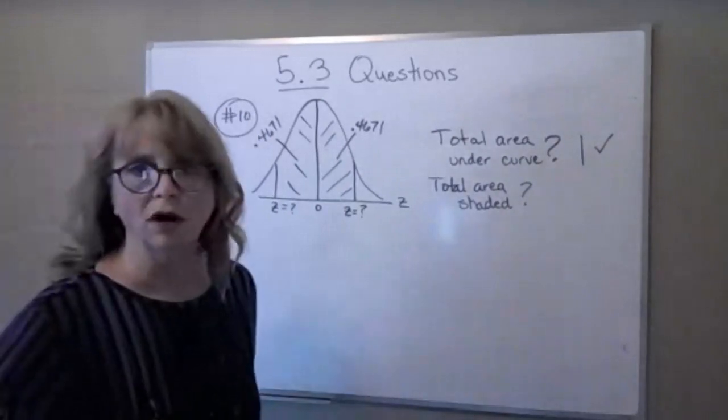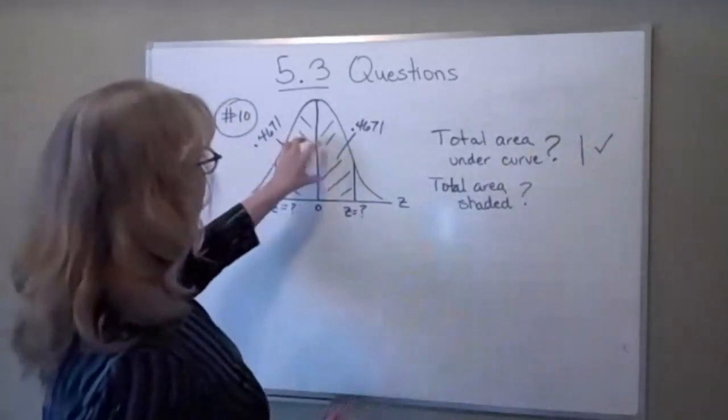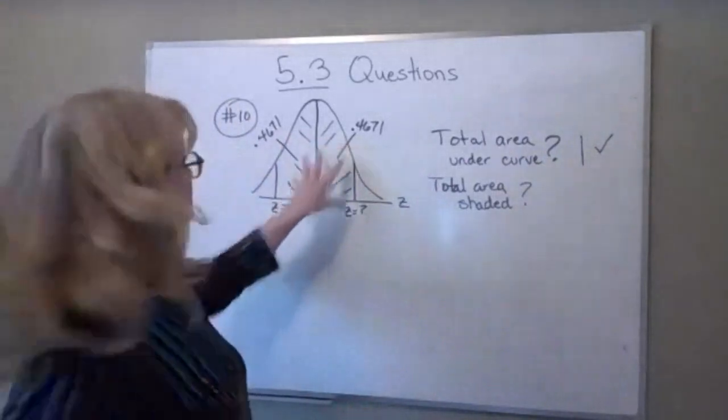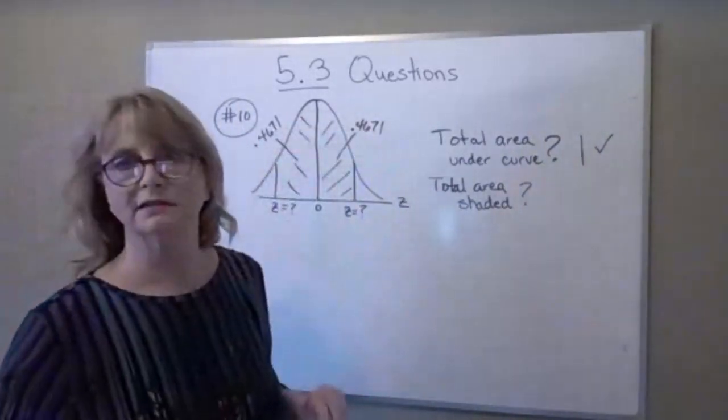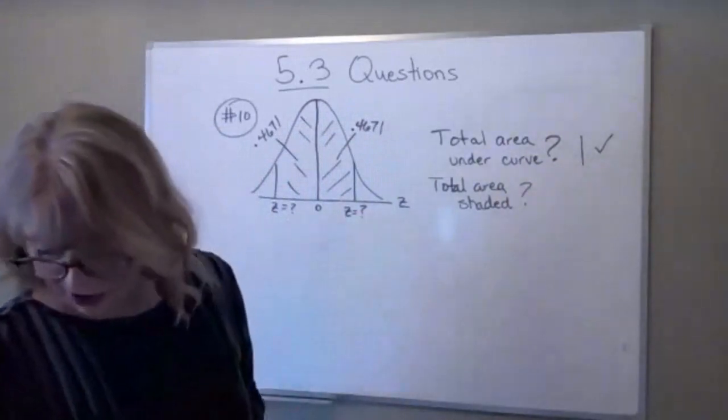If you were going to show the work, what would you do? I just want these two. They gave me this area and this area. How do I get the total of those two areas? Add them. Right.